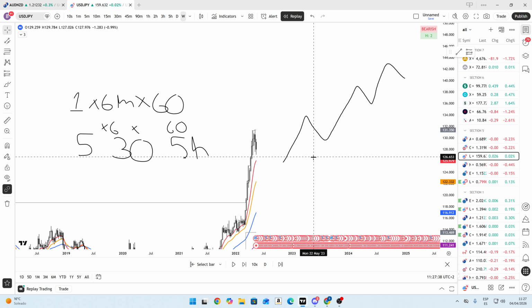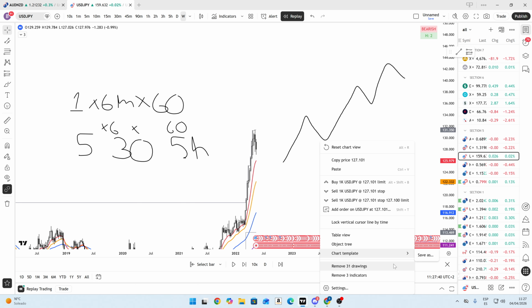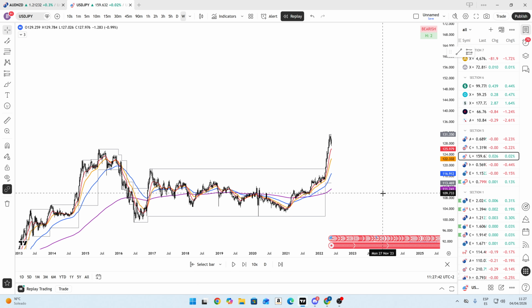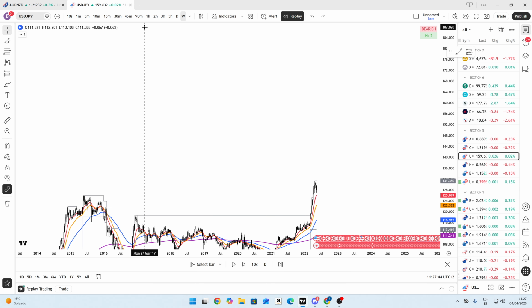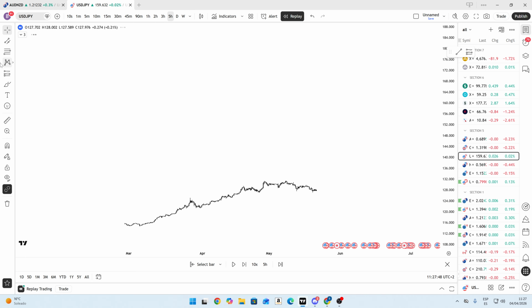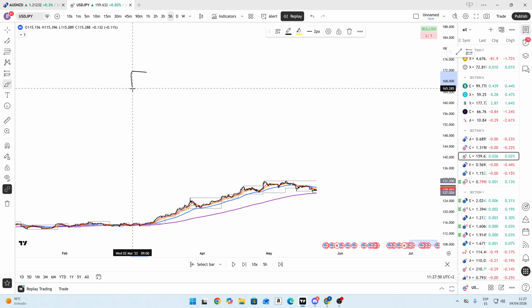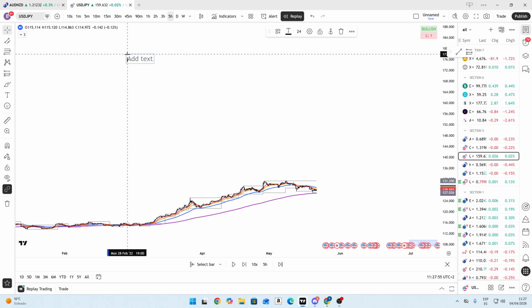Okay, now let me explain the strategy. First of all, we're going to use 3 time frames for now. Well, 4 actually, but 3 main time frames. Like I said, the 5-minute time frame, the 30-minute time frame, and the 5-hour time frame.